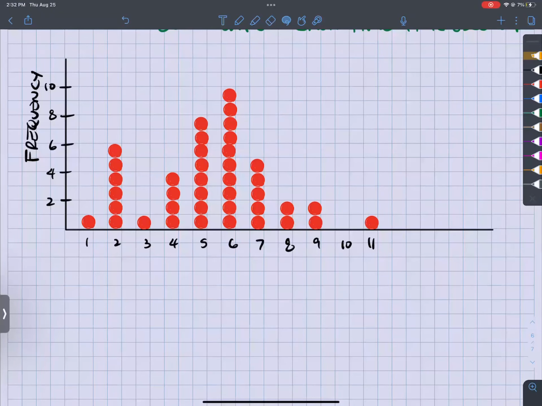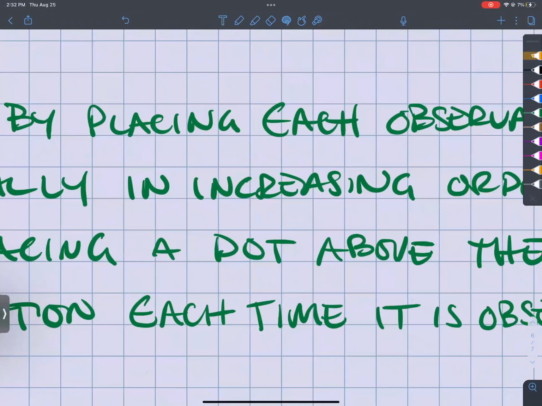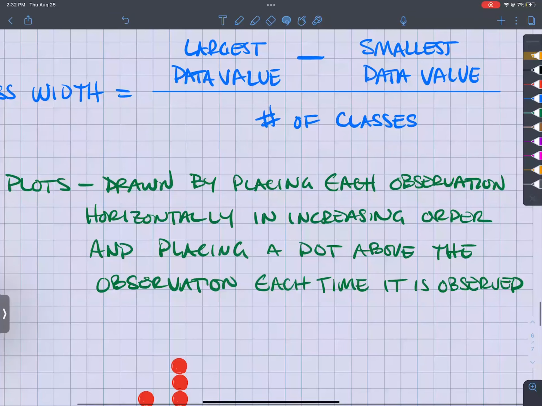Dot plot. Now, notice how it says placing each observation, right? Horizontally. So I do not believe this is saying that I can put these in classes. Does that make sense?